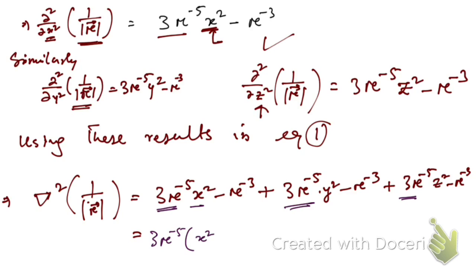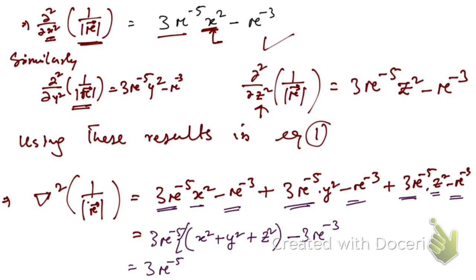So here we're going to have x square plus y square plus z square, then minus r to the power minus 3 minus r to the power minus 3 minus r to the power minus 3, which is minus 3 r to the power minus 3. Then 3 r to the power minus 5, and you can write this x square plus y square plus z square as the whole to the power half, then squared. You can write it this way.